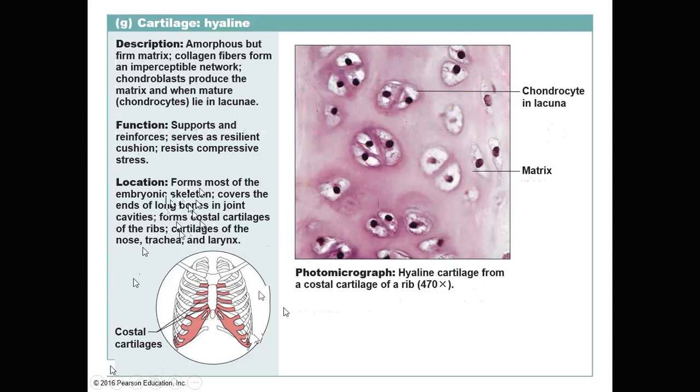Since it's a good shock absorber, you're going to find it in places that need that, like the intervertebral disc, the pubic symphysis, and the discs of knee joints. You see the collagen fibers, and you see the chondrocytes and the lacunae.